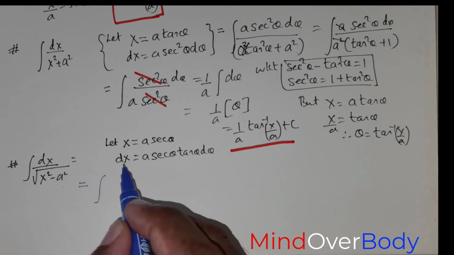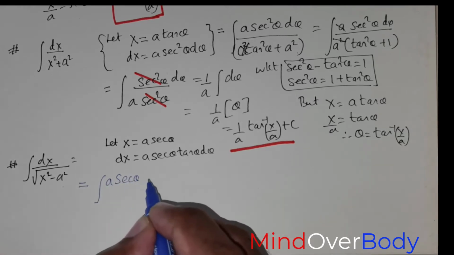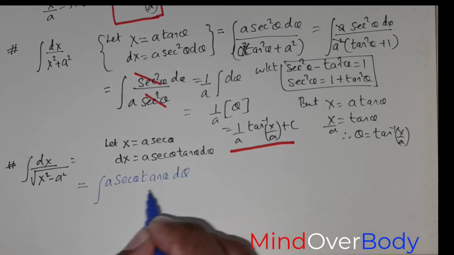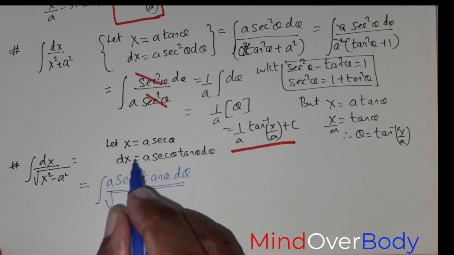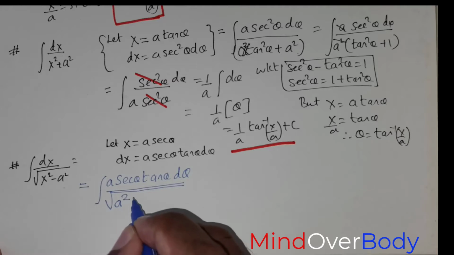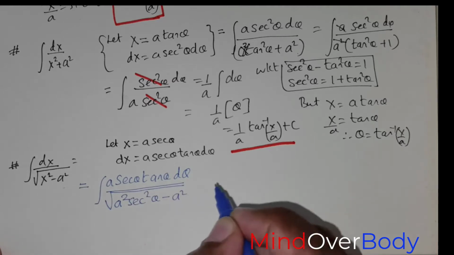In place of dx, I will be substituting a times secant theta tan theta d theta, divided by the square root of, in place of x it's going to be a secant theta, so it's going to be a squared secant squared theta minus a squared.